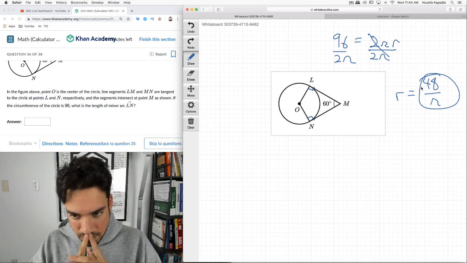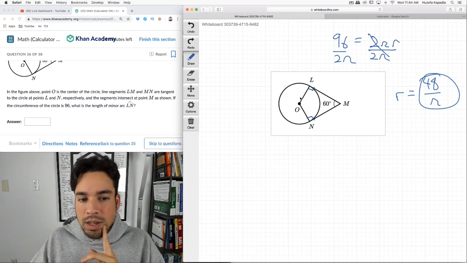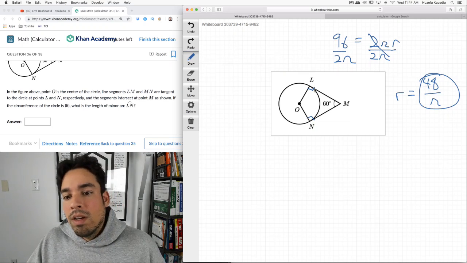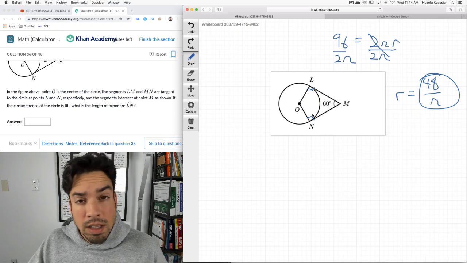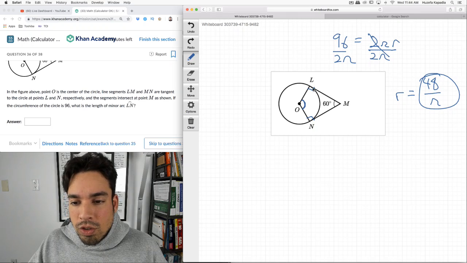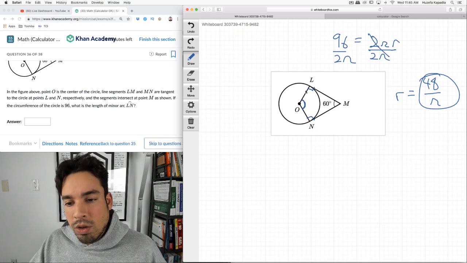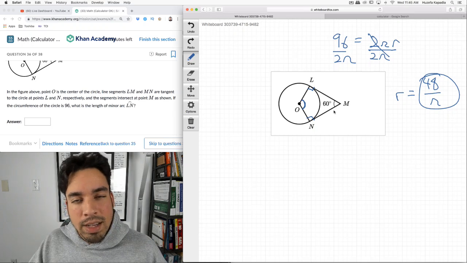What is the length of the minor arc? Oh, I see. Oh, I get it. This is the theorem that they're using: the measure of the central angle is equal to this arc measure. And this is really straightforward. It's a quadrilateral that has been built, right? And all the angles in a quadrilateral have to add up to 360.